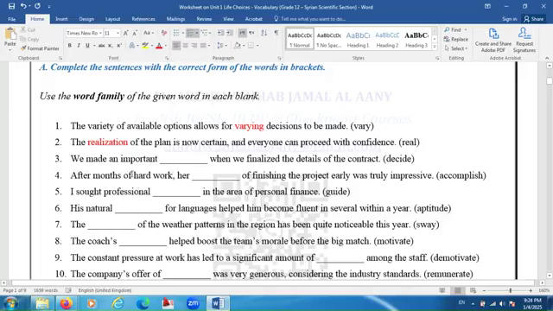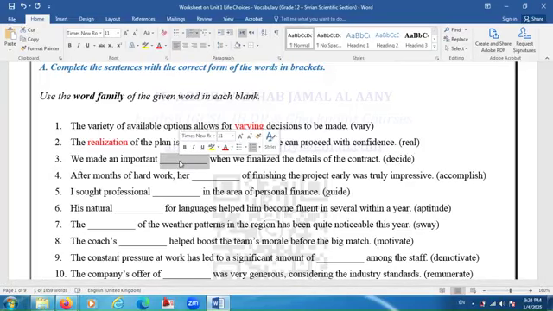We made an important decide when we finalize the details of the contract. Is it decision or decisive? What do you think? Important decision. Okay.